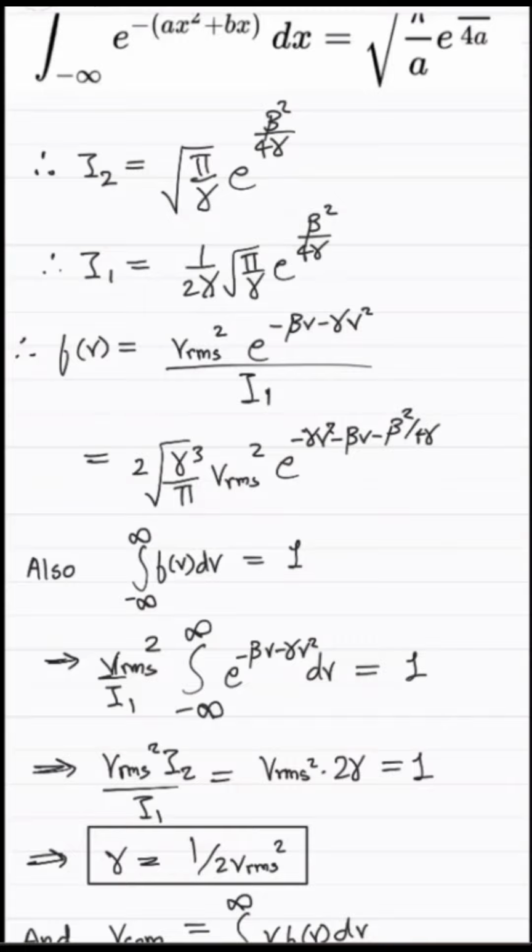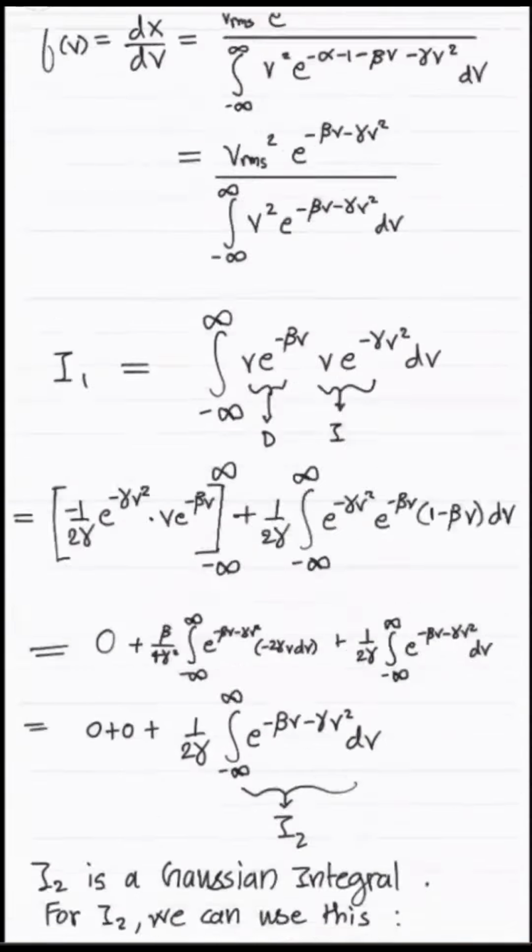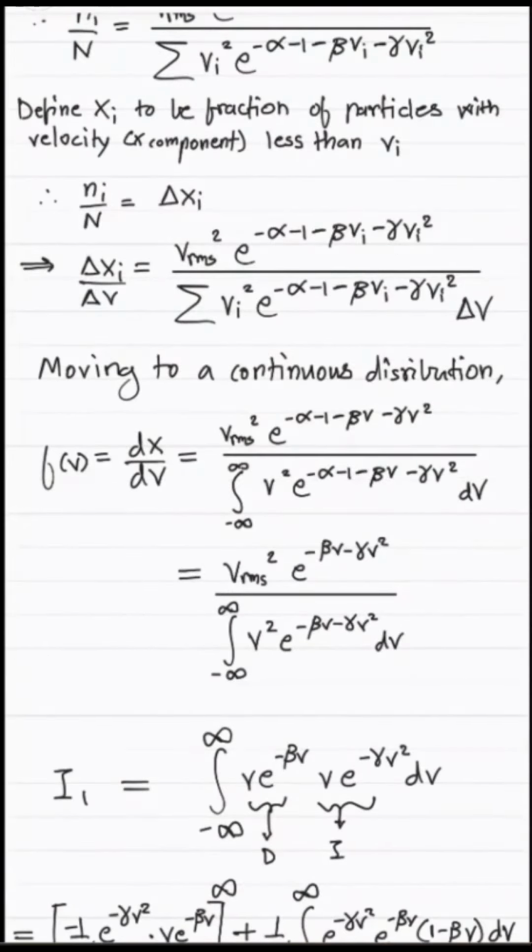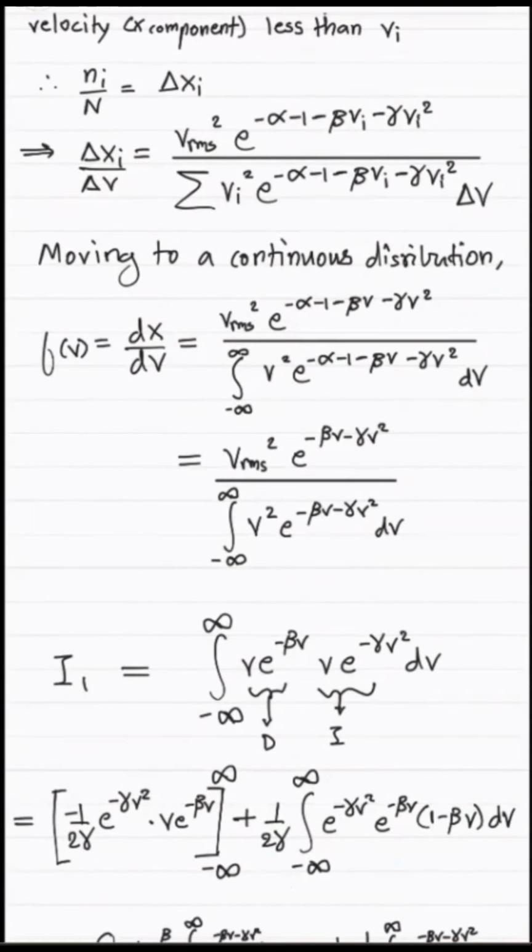This thing is a constant. Okay. Also, we know that the integration from negative infinity to infinity of f of v dv equals 1, because the way we define f of v is dx upon dv. So f of v dv is just dx, and when you integrate dx for all ranges of v, you are just basically adding up all these mole fractions, and then in the end you just get 1, of course.